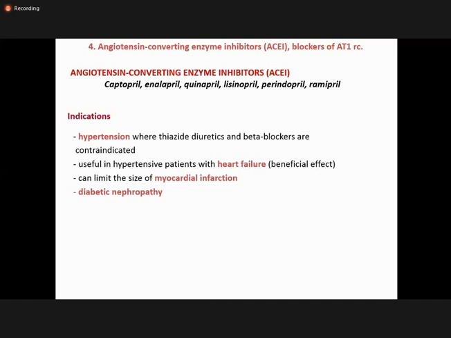Suppose there is a scenario, and the question is asked, okay, which one of the following antihypertensive drug groups is supposed to be the first choice to treat hypertension in diabetic patients? So your answer would be angiotensin converting enzyme inhibitors or angiotensin receptor blockers.